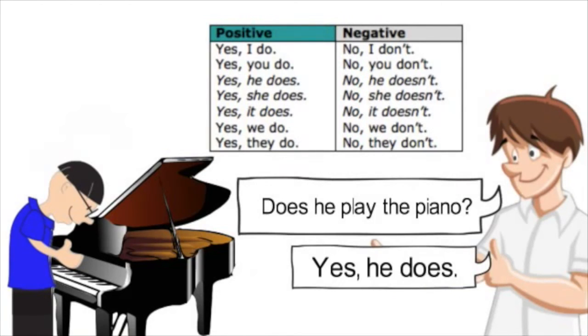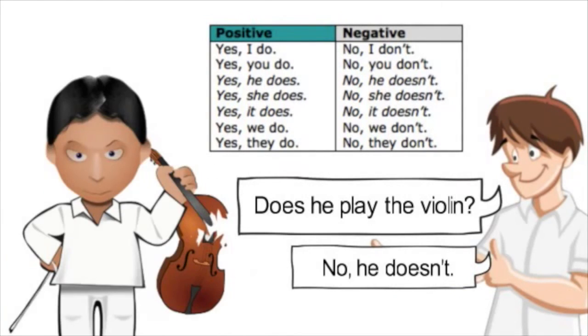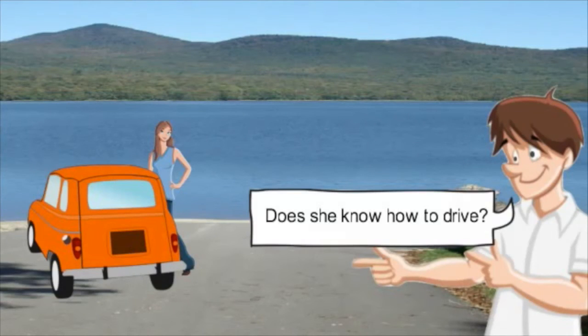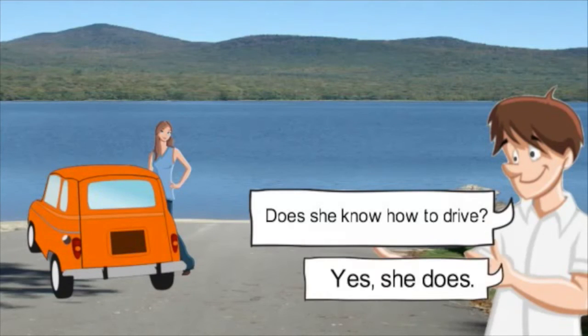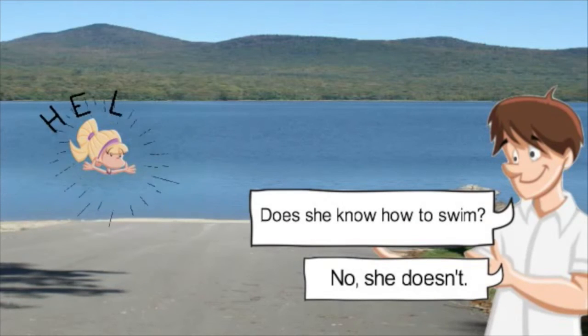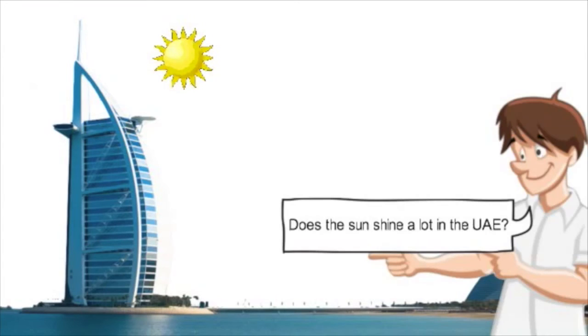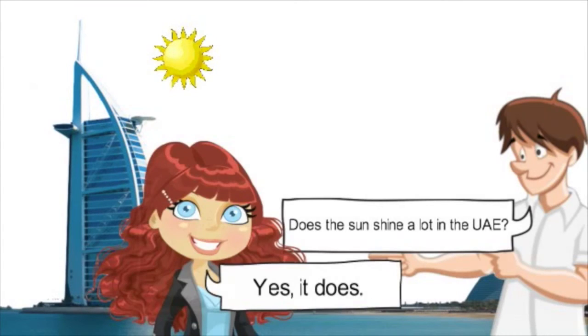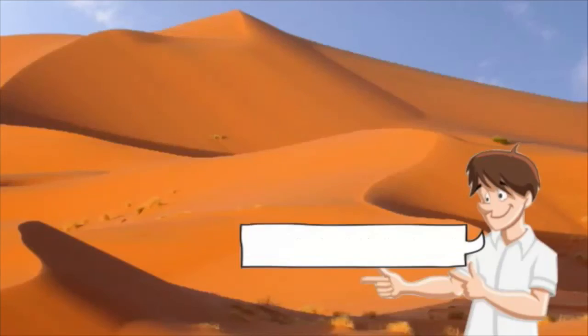Yes, he does. Does he play the violin? No, he doesn't. Does she know how to drive? Yes, she does. Does she know how to swim? No, she doesn't. Does the sun shine a lot in the UAE? Yes, it does. Does it rain a lot in the desert? No, it doesn't.